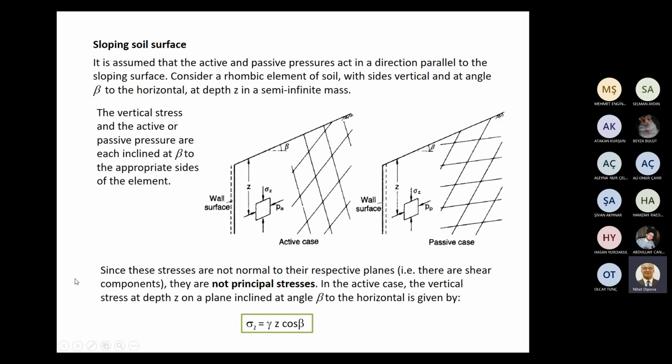The vertical stress and the active or passive pressure are each inclined at beta to the upper face sides of the element. Since these stresses are not normal to their respective planes, I mean, there are shear components, they are not principal stresses now. This is important.